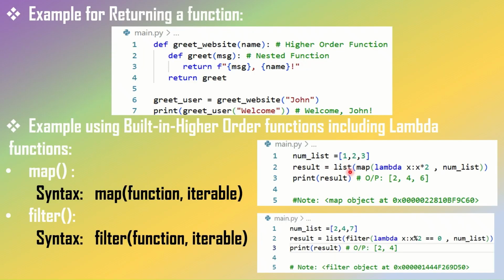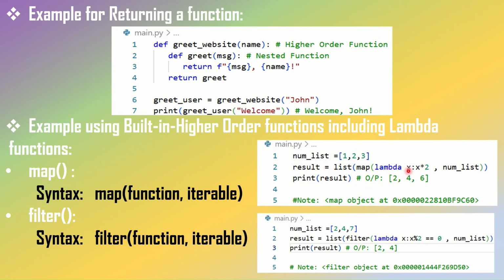So in place of a list, we can have a tuple as well. Since map returns an object which is a memory reference, which I don't want, I was storing the items in the form of a list by converting that object into a list. And then I was printing finally the result.